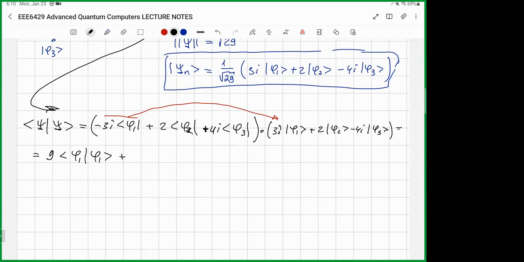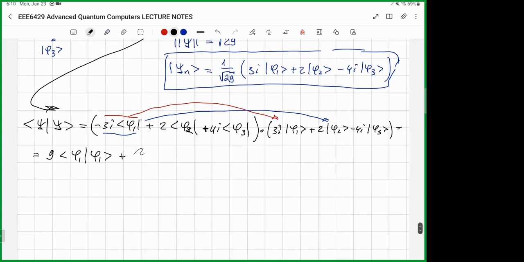Then plus, the second one: I take the first term in the first bracket and multiply it by the second term here. So it will be minus 3 times 2, and here I get bra phi1 times ket phi2.